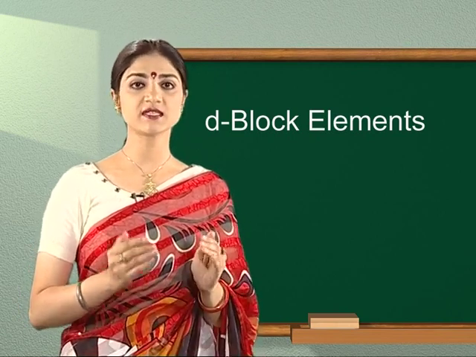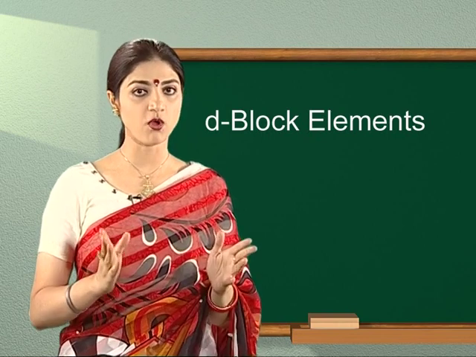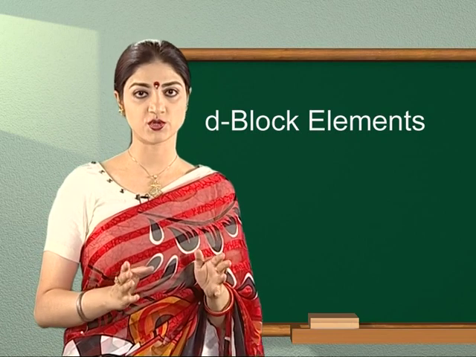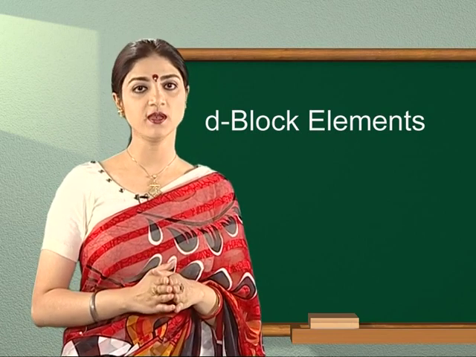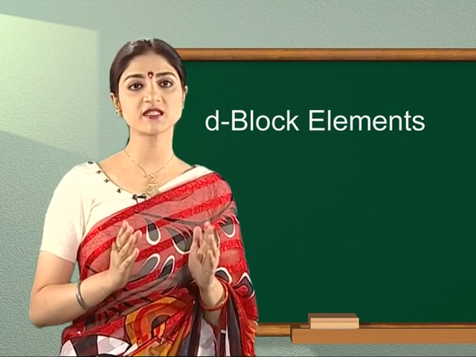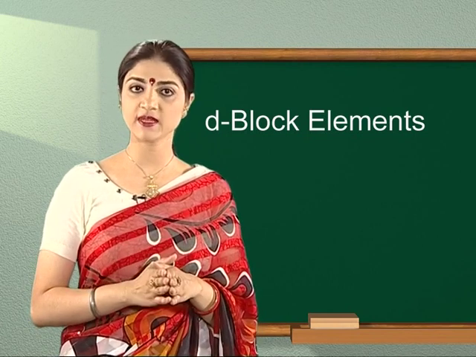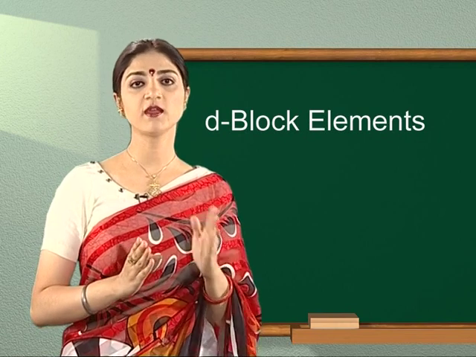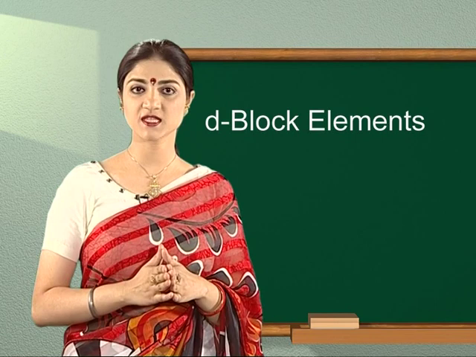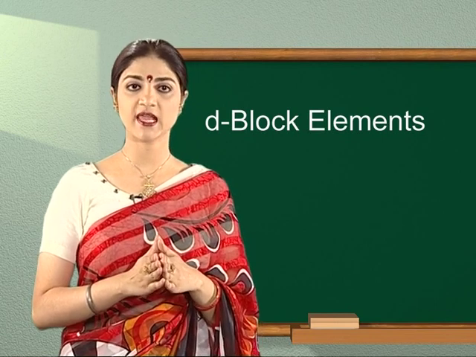Since a d subshell has 5 d orbitals, each one of which can accommodate 2 electrons, in all there are 10 vertical columns comprising 10 groups of d block elements, namely 3, 4, 5, 6, 7, 8, 9, 10, 11 and 12.